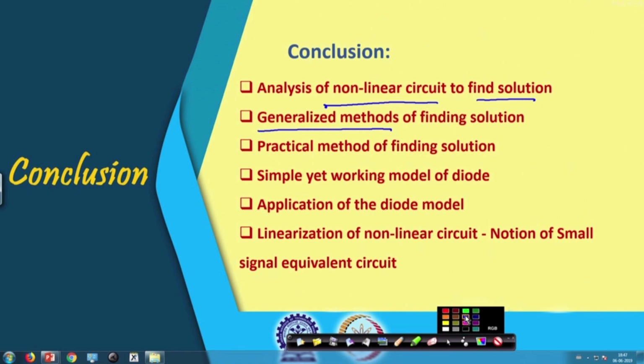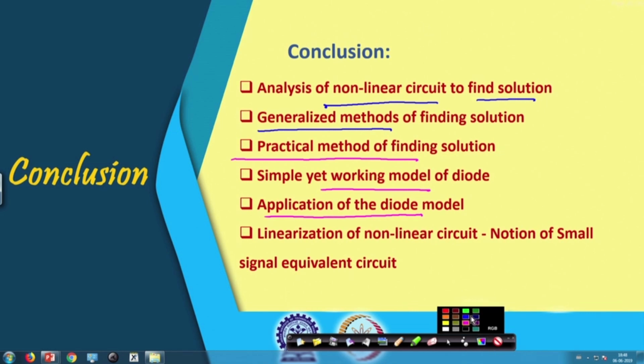Then in the second part, we went into the practical method of finding the solution, namely guess and solution, the one step solution, which suggests it is better to use a simpler working model of the diode, namely the piecewise linear model.